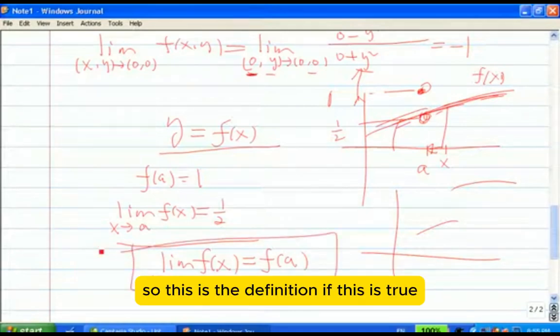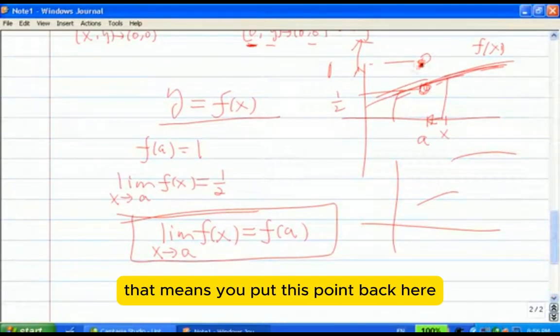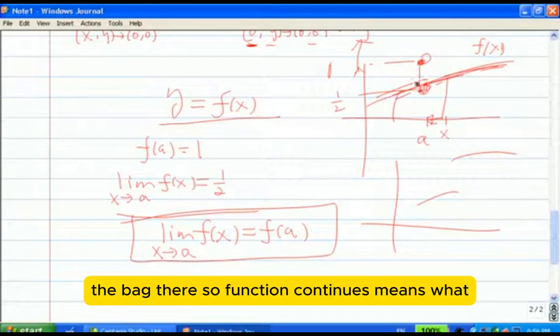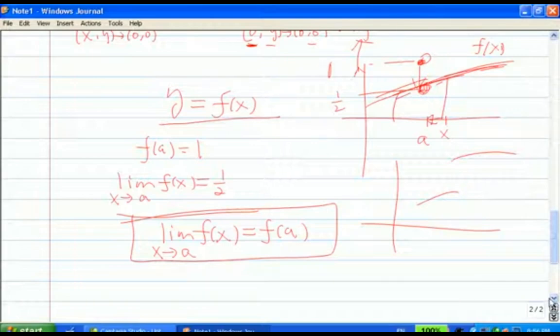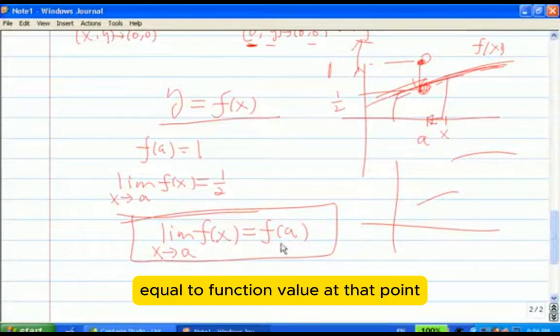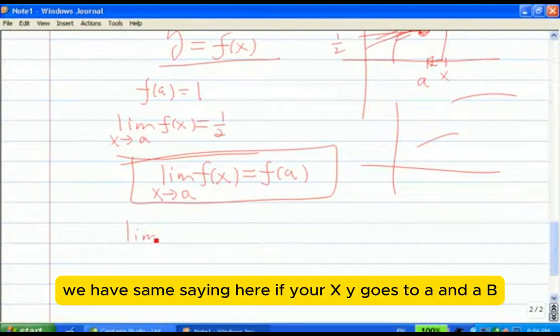So this is the definition. If this is true, then we say the function is continuous at a. That means you put this point back there. So function continuous means the limit exists and at the same time equals the function value at that point. We have the same thing here.